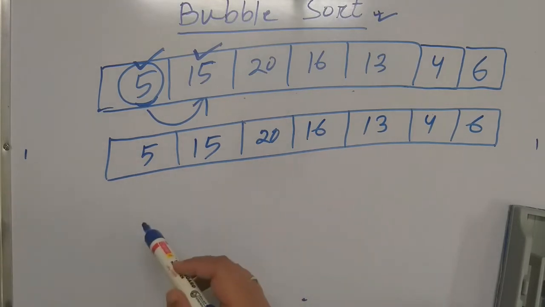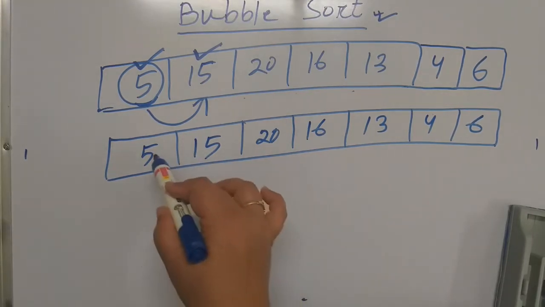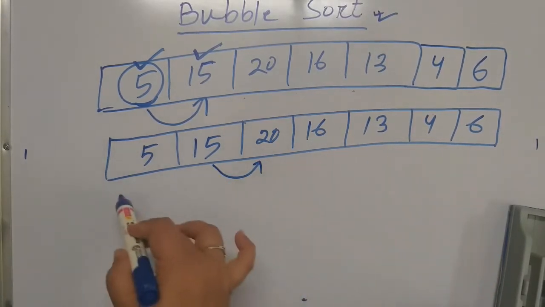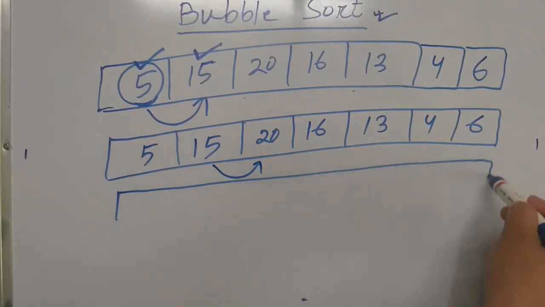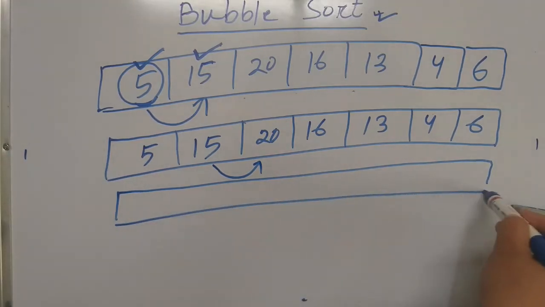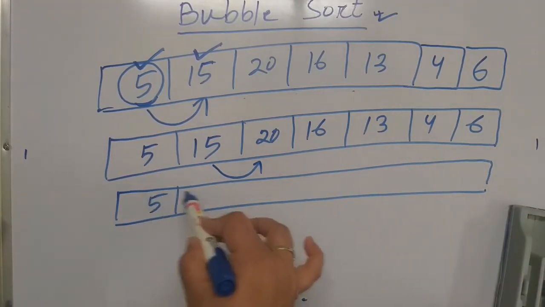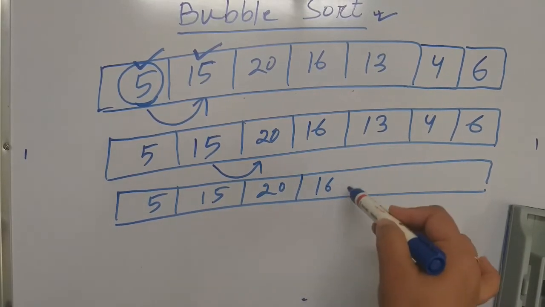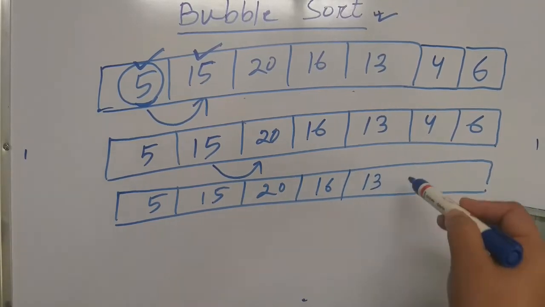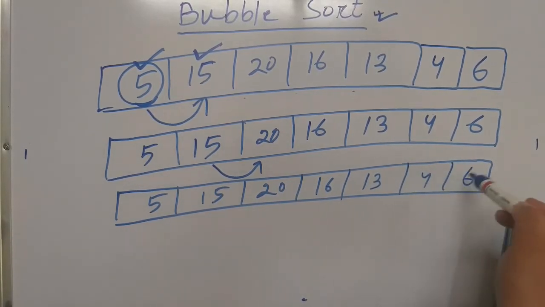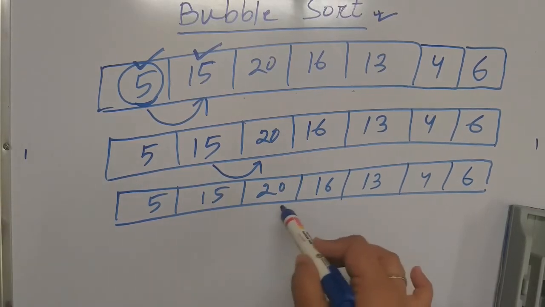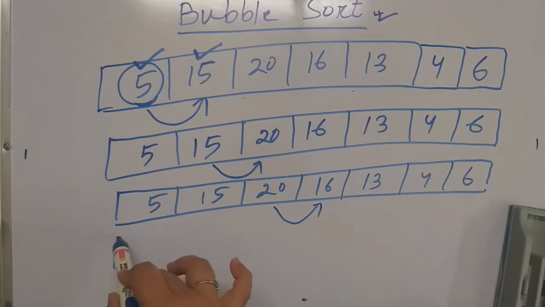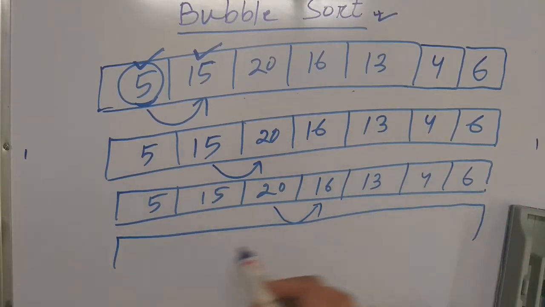Next, since 5 and 15 are already compared, we compare 15 with 20. We know that 15 is less than 20, so there is no change. We copy the same thing again and write it here: 13, 4, 6. Next, 20 is compared with 16.